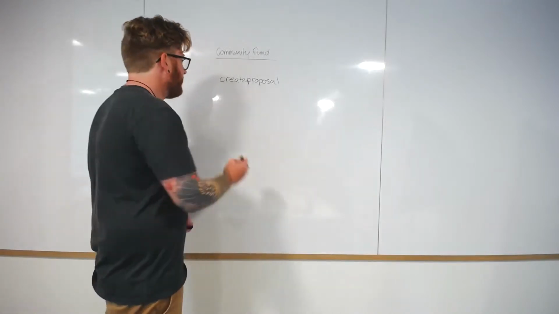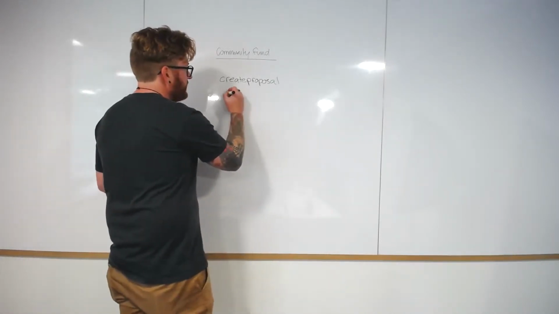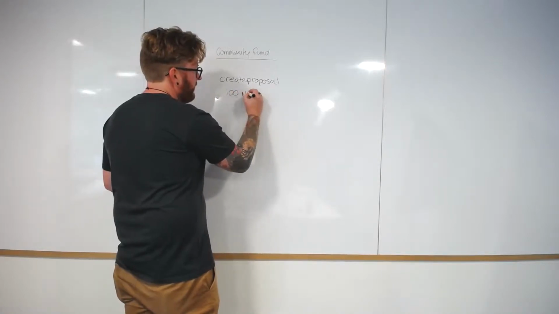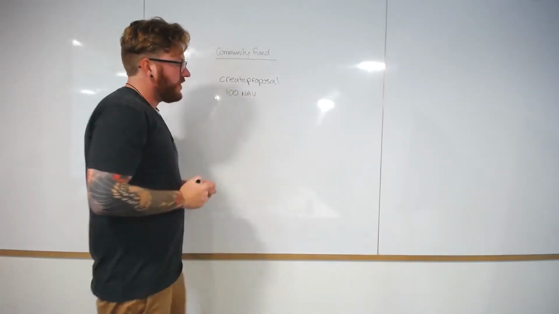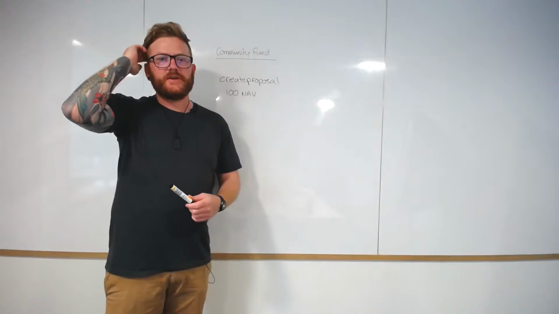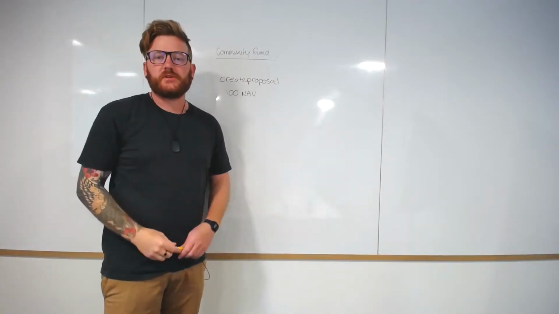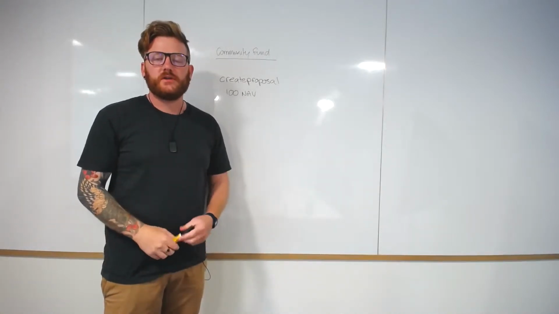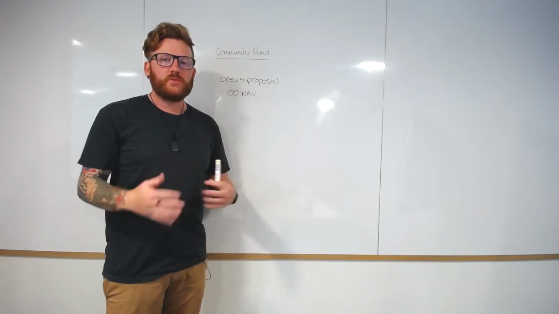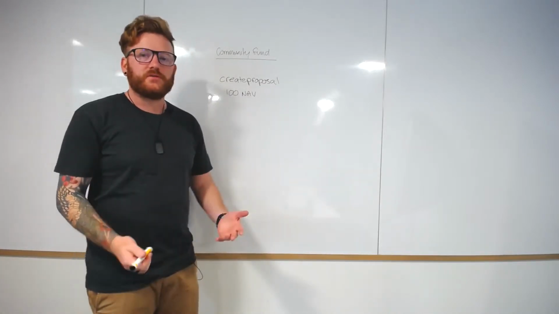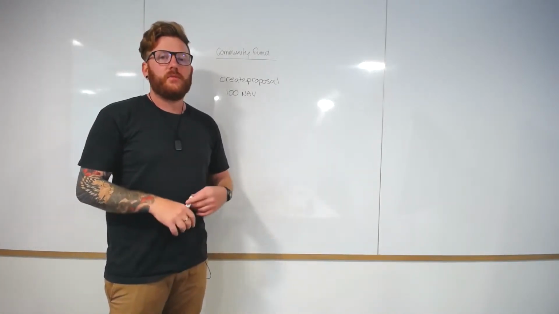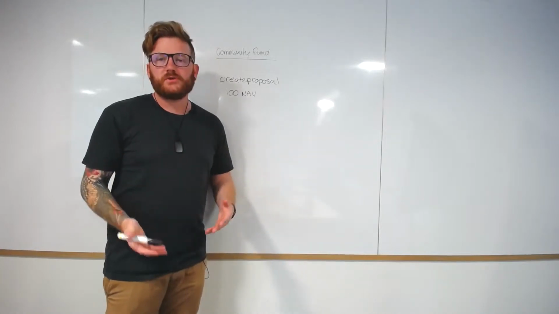So the minimum fee at the moment is 100 NAV. And this is designed to be an anti-spam measure, basically. So we want to make it a small barrier to entry so that people don't just flood the network with junk proposals.